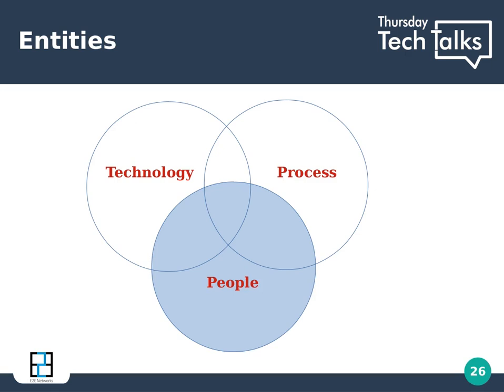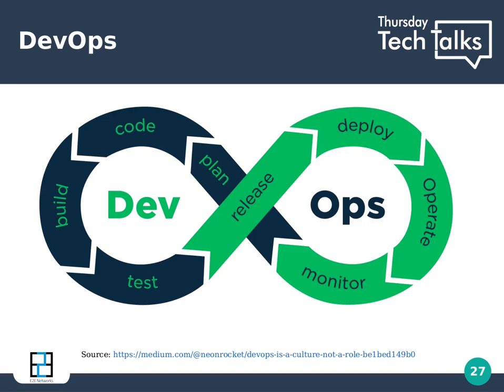So we now move on to the most important entity, the people. Traditionally, we've had teams where we had developers who do only the development, and then we have people who do the operations aspect. But today, many people state that DevOps is not a role, but it is a culture.